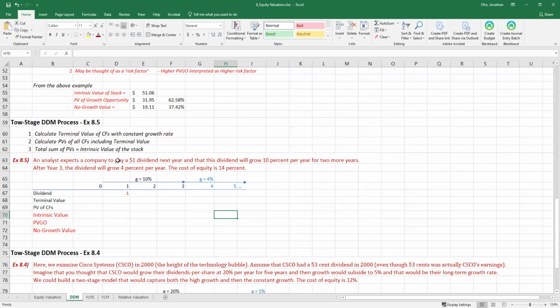The one thing we know is $1 is expected at the end of this year, and the next year is this one times 1 plus the 10% high growth rate. That is our expectation for the following year. And the same for the following year, times 1 plus 10%. That is the dividend that we expect.